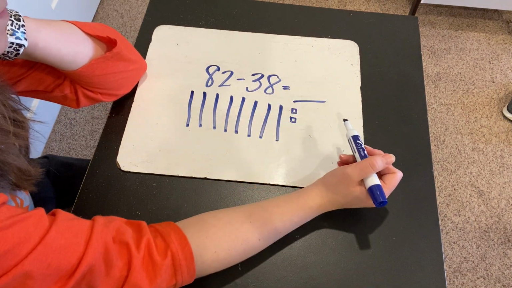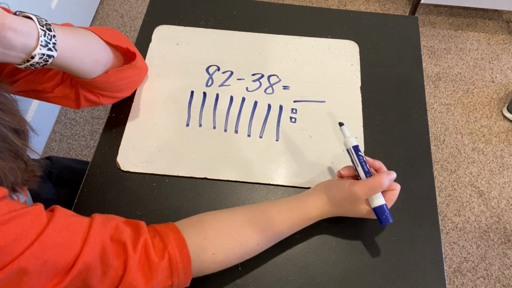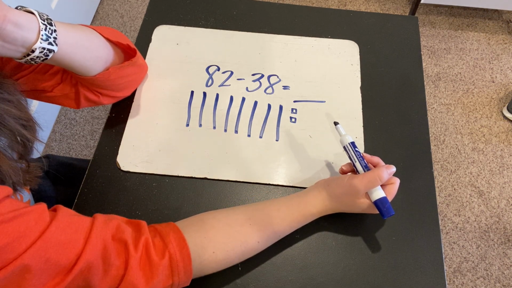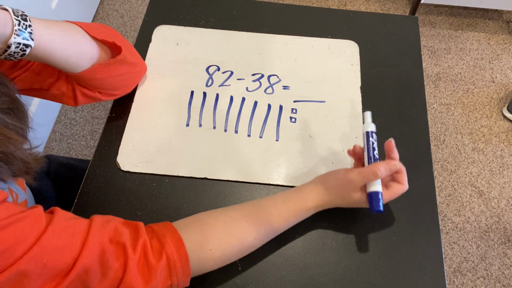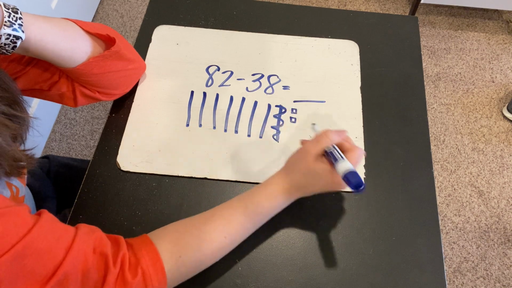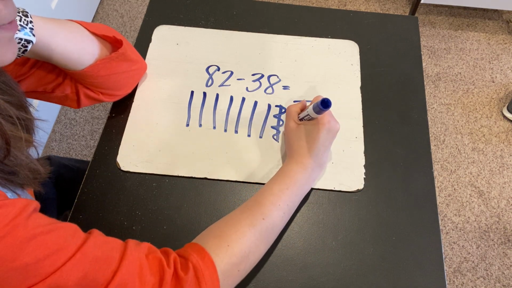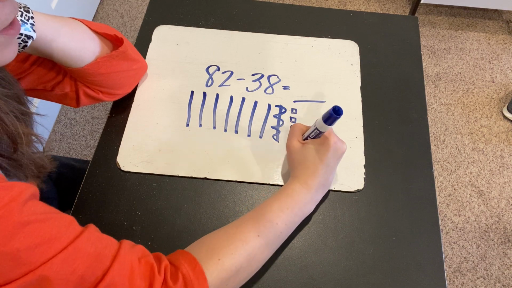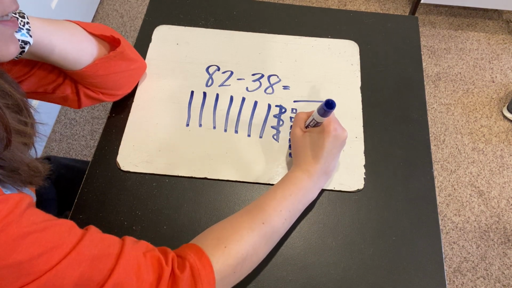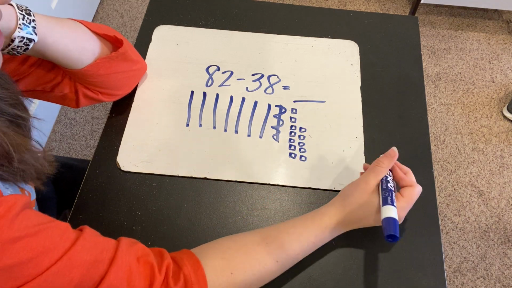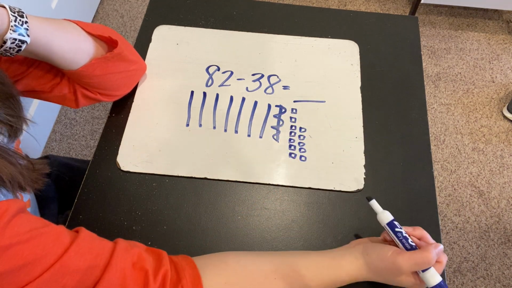Take away 8 ones. Well, are there 8 ones to take away? No, so what do I need to do? I need to take a 10, right? I'm going to take this 10 and break it into 10 ones. 1, 2, 3, 4, 5, 6, 7, 8, 9, 10. Okay, is this number still 82 right now?